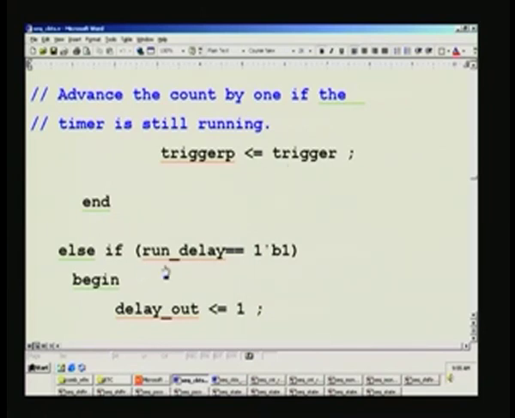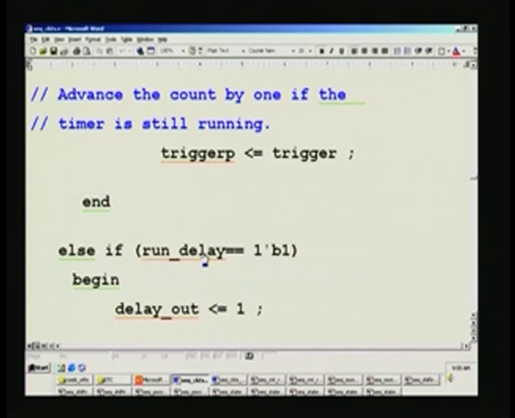And if you sense rising edge of run delay, that was your question, it is tested here, then only you make that delay out 1. This will happen only one time, when previous value is 0 and present value is 1 for the trigger. So subsequently, previous value will become automatically 1, because next clock it will be updated. So this will be encountered only at the very first rising edge, right.